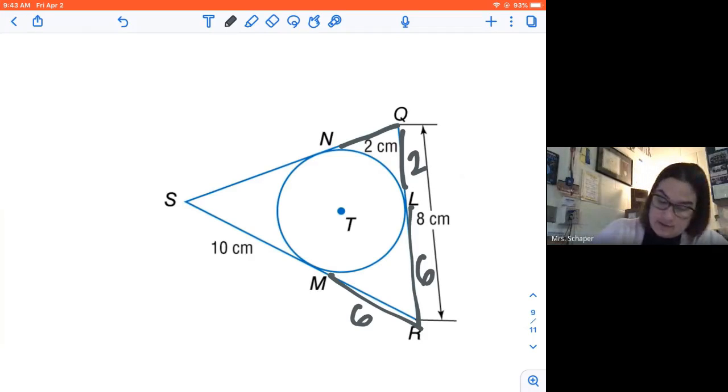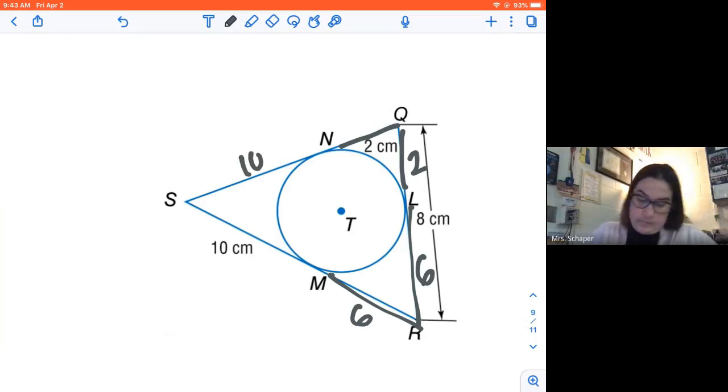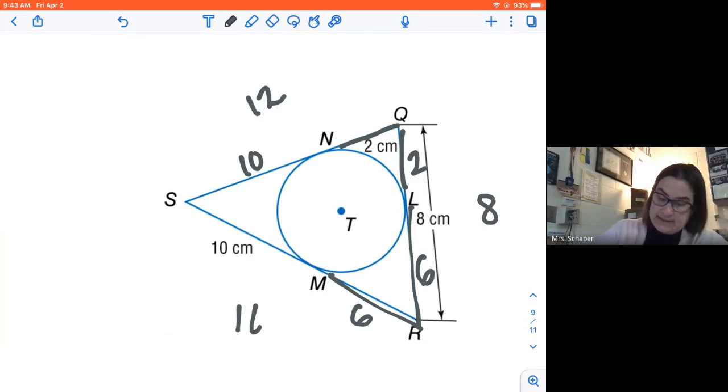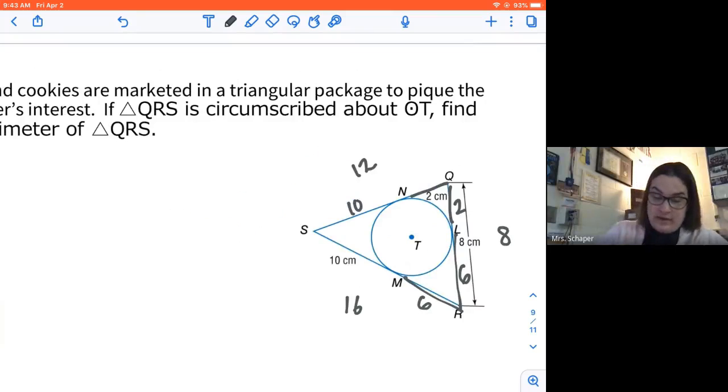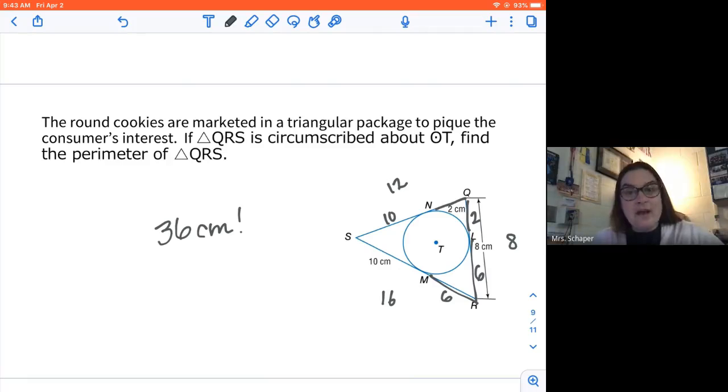And the same is also true for SN. Now I can go ahead and figure out my perimeter. 12, 8, and 16. And when I add those together, I get 36 centimeters. There we go. Fun stuff, looking at those connections. Again, the relationship between these different parts.